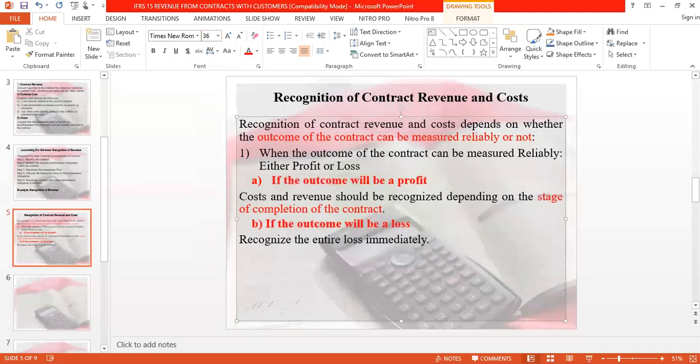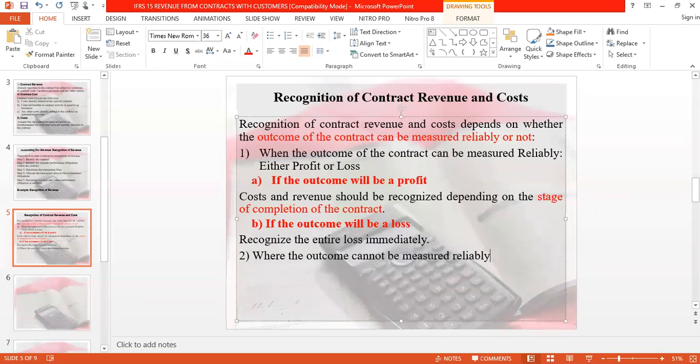Okay, next, number 2. So that was number 1. Number 2, remember we said recognition depends on whether the outcome can be measured reliably or not. So number 2, where the outcome cannot be measured reliably.